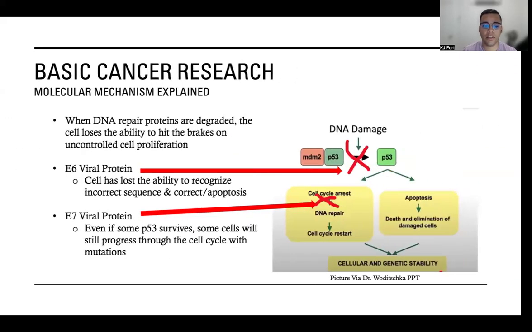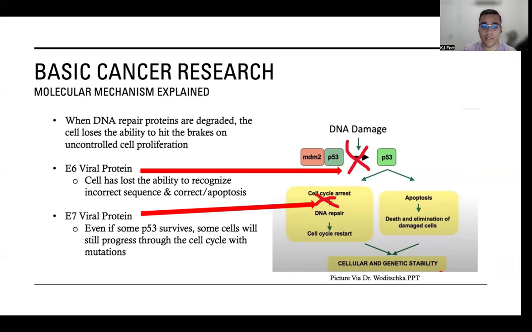So here's an image of how this would work. Thanks, Dr. Vodishka, for the picture. If you have some sort of DNA damage after persistent HPV infection in the cervix and P53 is produced, this E6 viral protein breaks it down, and then you can't get any sort of check on the cell, no cell cycle arrest or apoptosis.